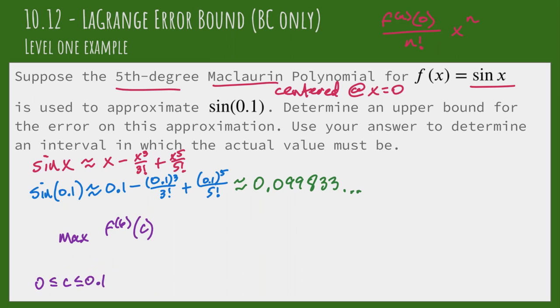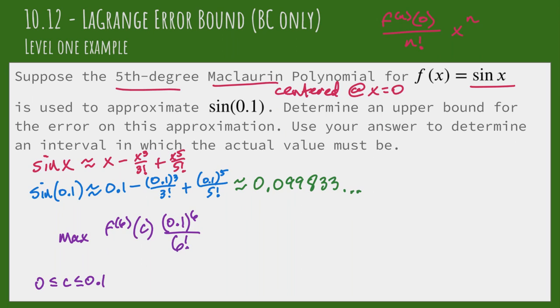So it's the maximum possible value of the sixth derivative of sine evaluated at c times 0.1 to the sixth power. So we're plugging in the biggest possible value, or the value for x here that's going to give us the biggest possible value. So 0.1 to the sixth power over 6 factorial.